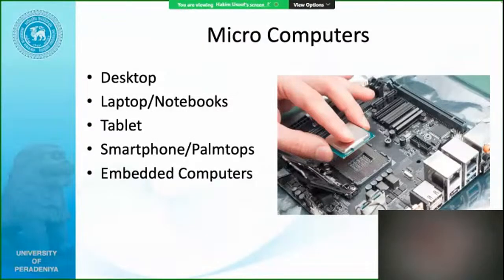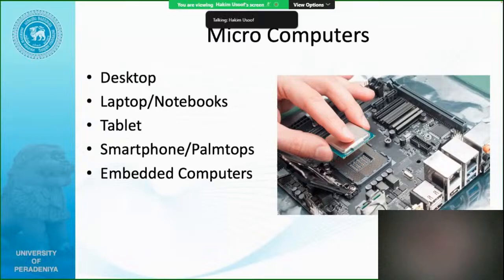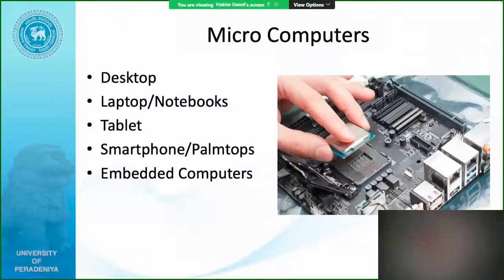Certain washing machines have microcomputers. Your TV is smart now, so you have smart TVs that can browse the web, play games, videos, connect to the internet, run programs and do various things.